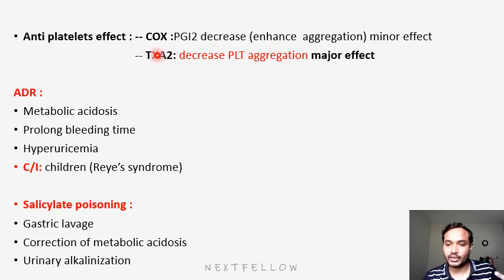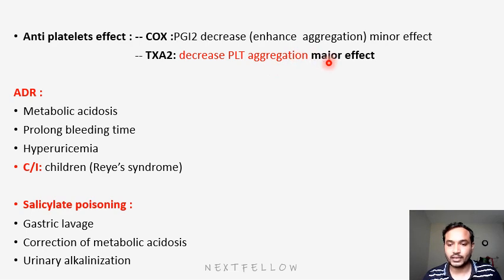When you inhibit thromboxane A2, it decreases aggregation. When you inhibit prostaglandin I2, it enhances aggregation, but the thromboxane A2 effect is more, because it is the major effect.